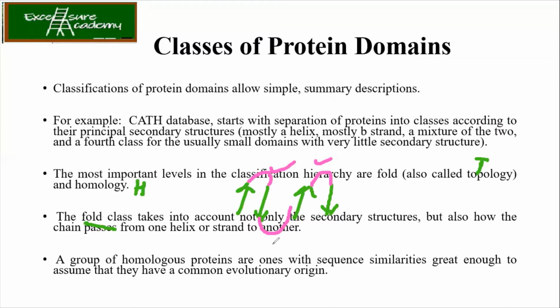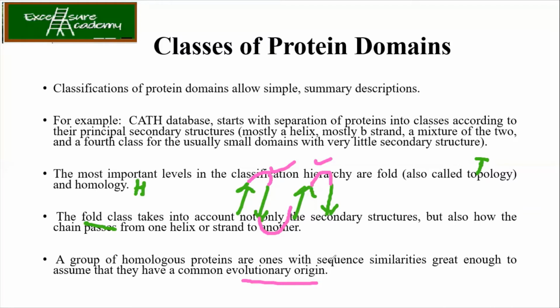Now, a group of homologous proteins are ones whose sequence similarity is great enough to assume that they have a common evolutionary origin. So what do you mean by homologous protein? It means that they have similarity in their sequence. Now, if they have an identical sequence, then what does it mean?